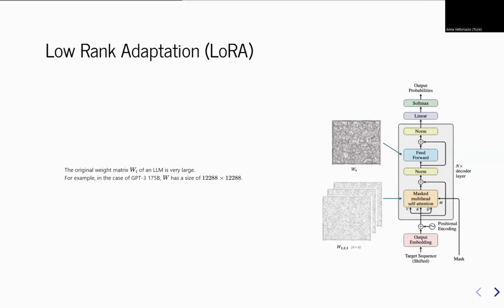For instance, in the case of GPT-3 with 175 billion parameters, each weight matrix has a size of 12,000 by 12,000, more or less. And you can clearly deduce here that if you want to fine-tune each weight in each single matrix, then this becomes very computationally expensive.